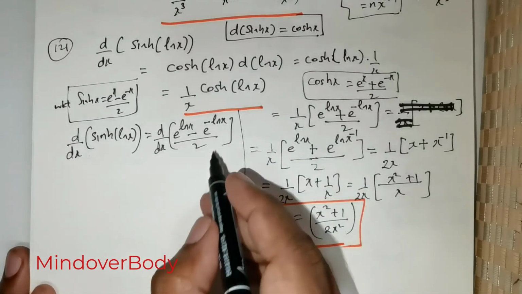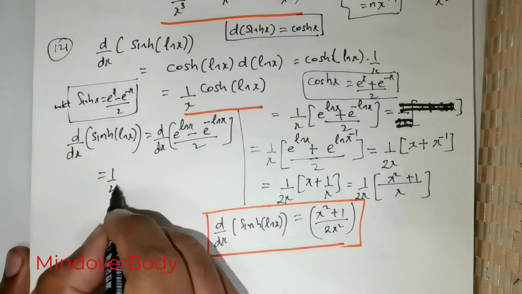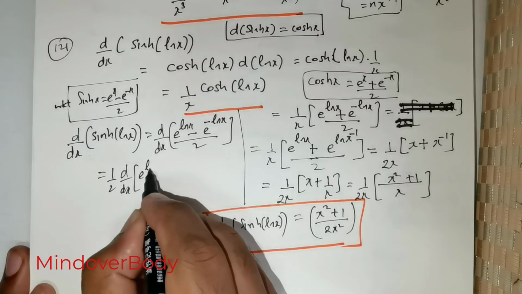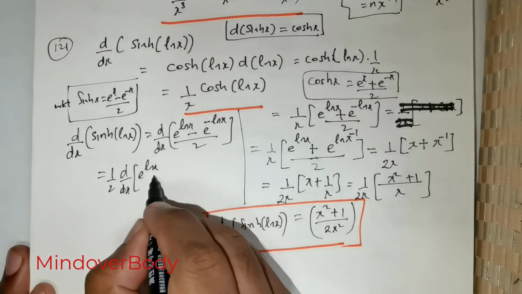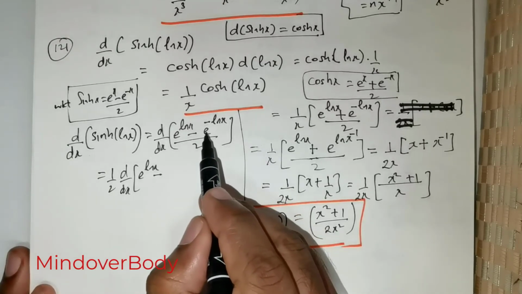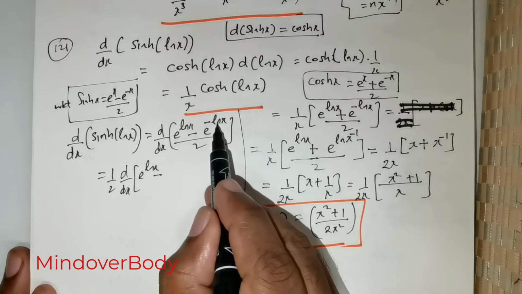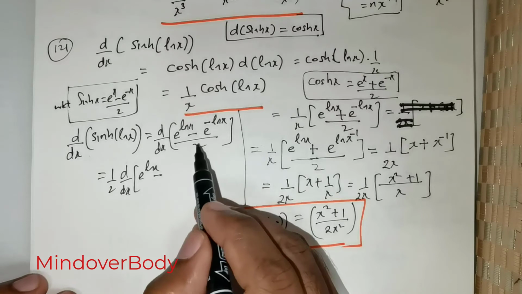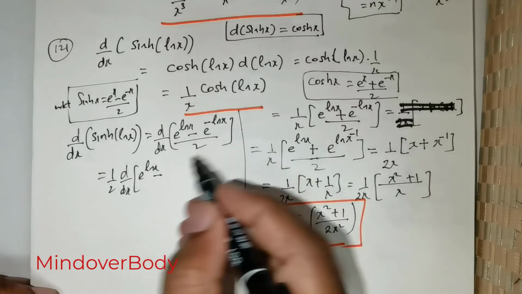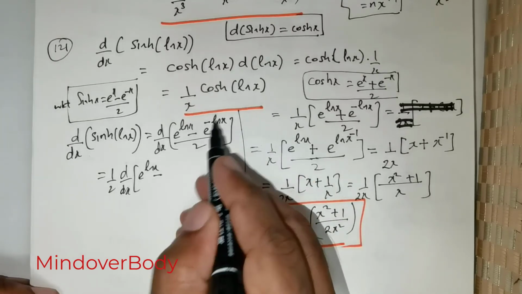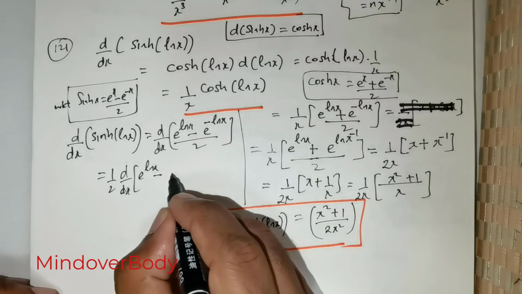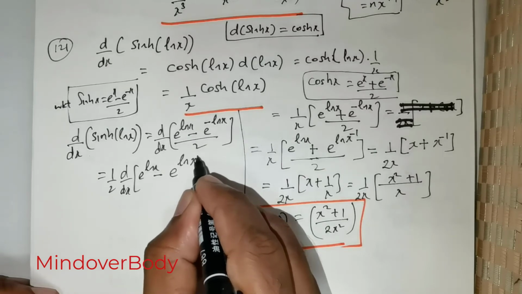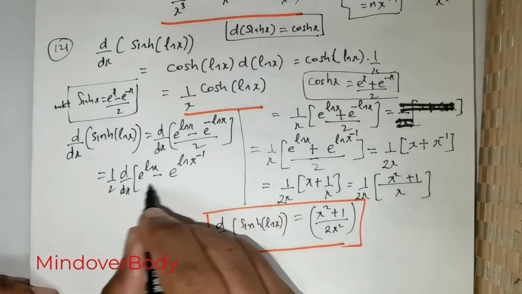Now I can take the 1 over 2 out and write this as d over dx of e raised to the power of ln x minus... Now I know that e and ln get cancelled, so you will have negative x coming down, but I don't want to do it like that. As I mentioned to you, I want to push this as an exponent, so that would mean I would have e raised to the power of ln x to the power negative 1, right?